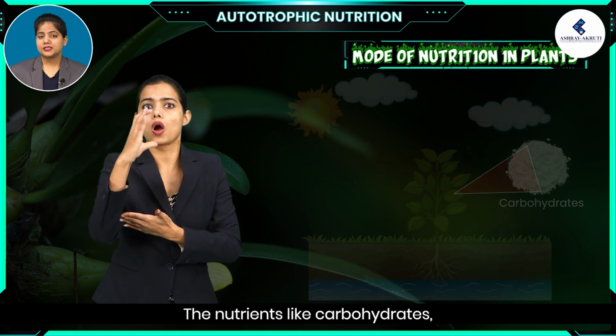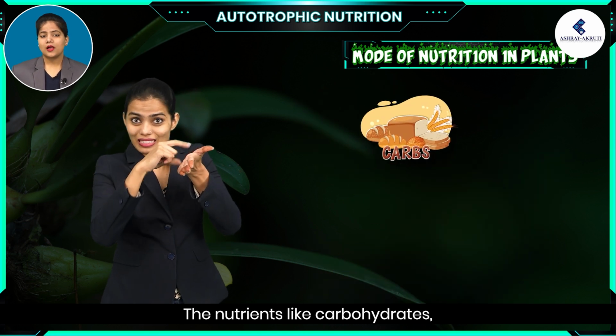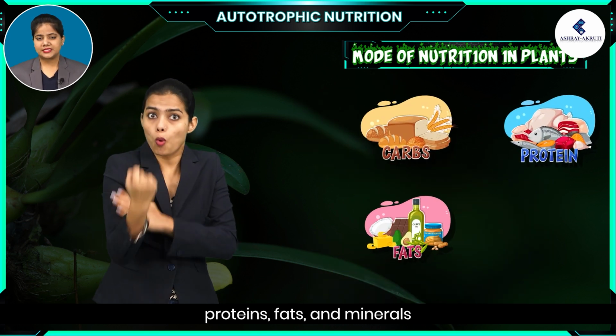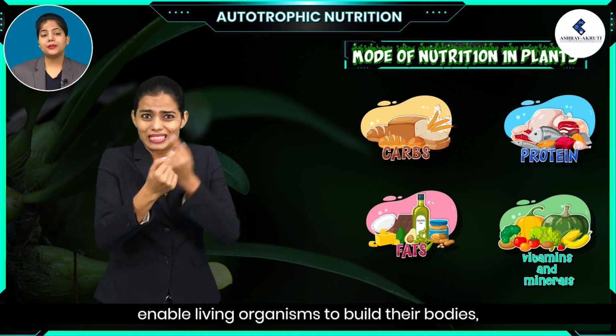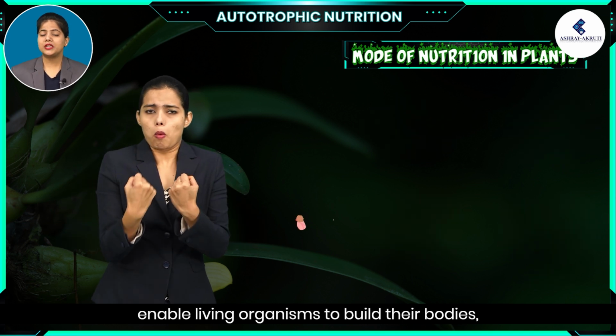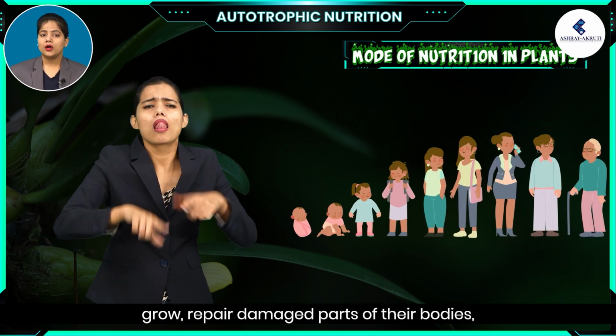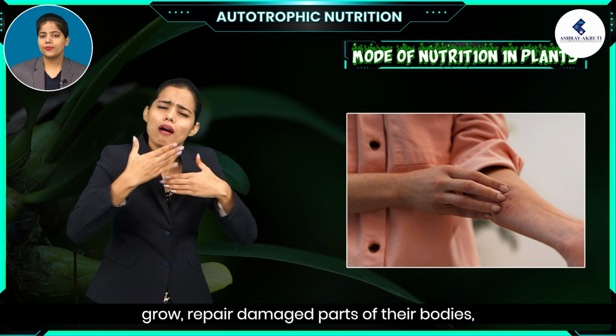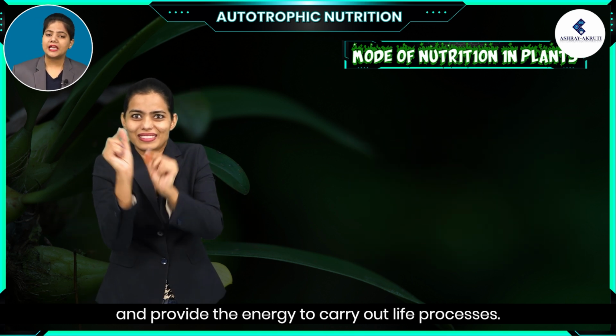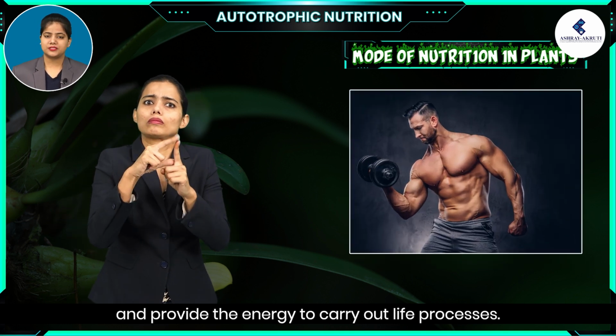The nutrients like carbohydrates, proteins, fats, and minerals enable living organisms to build their bodies, grow, repair damaged parts of their bodies, and provide the energy to carry out life processes.